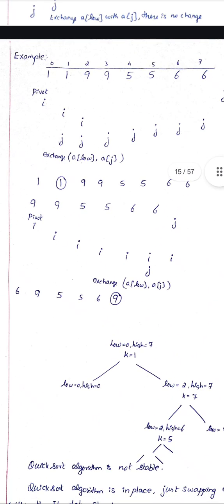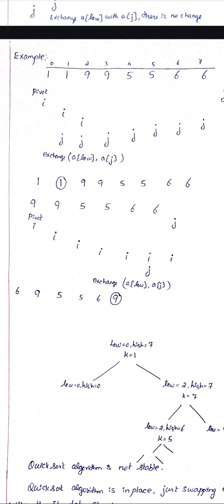So we will be swapping these numbers. 1 as the pivot will be swapped here. Left side will be 1, right side will be 995566. So 9 is the pivot element.